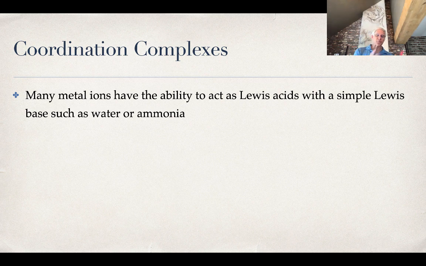Now, those kind of compounds weren't the reason that we looked at Lewis acid-base theory. They're not the reason that Lewis acid-base theory came about. It was really the behavior of metal ions, because metal ions in solution, if they are small and have a high charge, if you put them in water, they often develop acid properties.